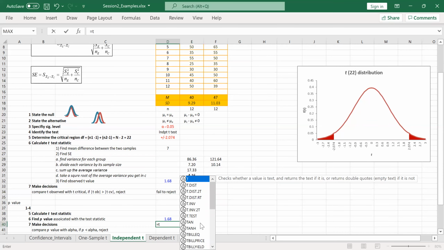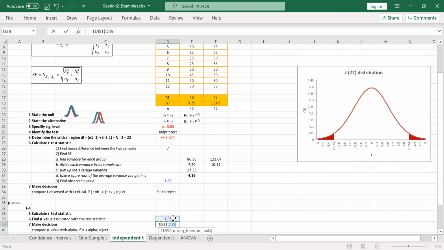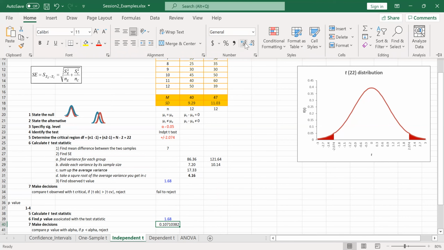So this is using the t distribution function, and the x is the t value, so 1.68. Degrees of freedom is 22. We're looking at the two-tailed. So this is the probability we get for this. Let me just round it off.